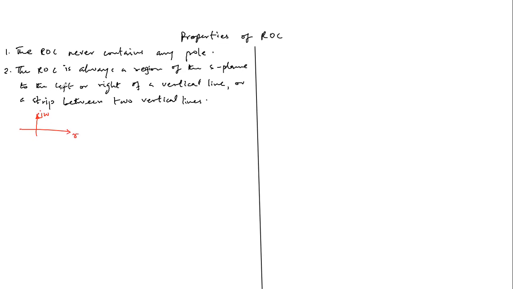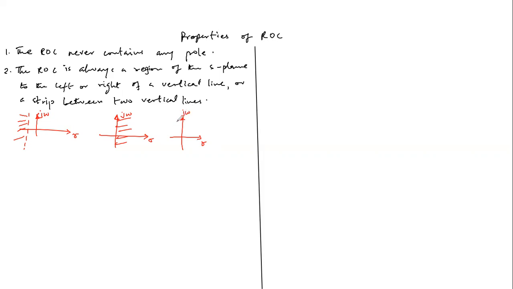So we said to the left, forget it's a vertical line. So it's either to the left. It could also look something like this. Let's say it's either to the right. Then it could also look something like this.